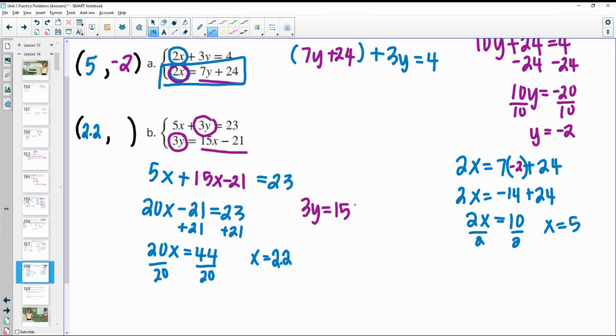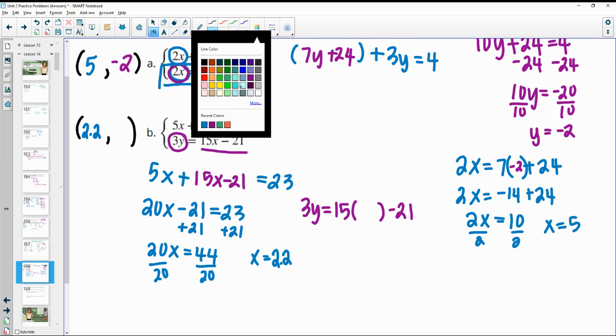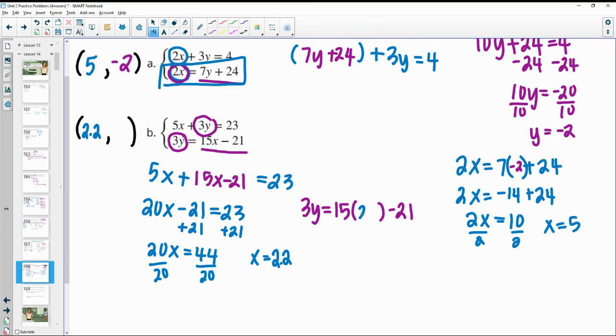So we get 3y equals 15 times x minus 21, and we know that our x is 2.2. So then we have 3y equals 15 times 2.2, which is 33, minus 21. So we get 3y is equal to 12, and then divide by 3, and we get y equals 4. So our solution to this one is (2.2, 4).